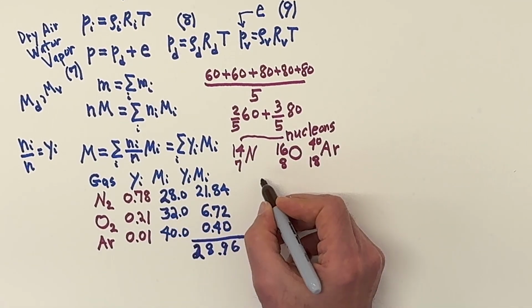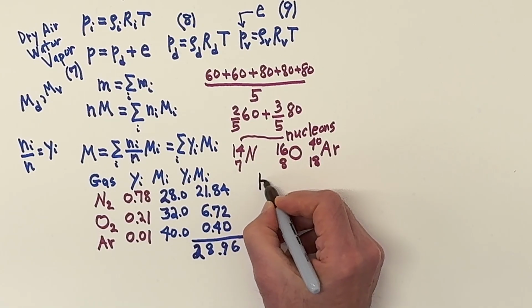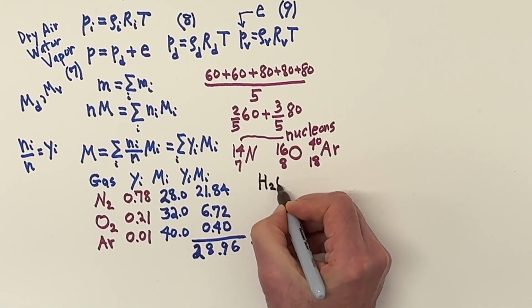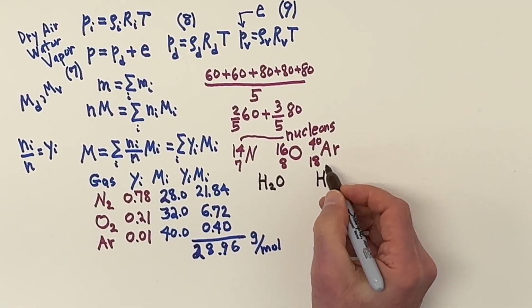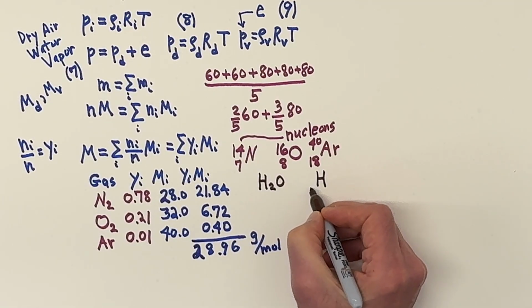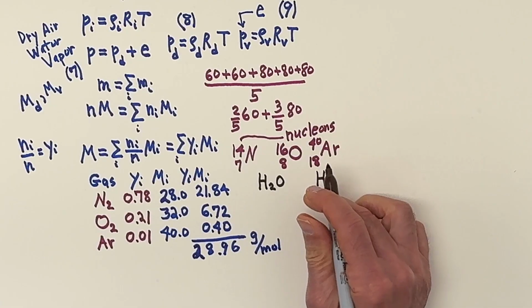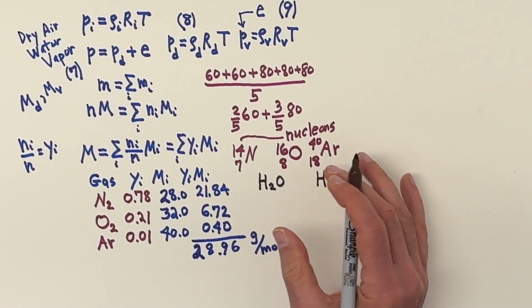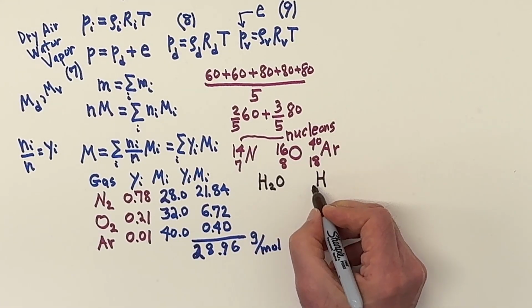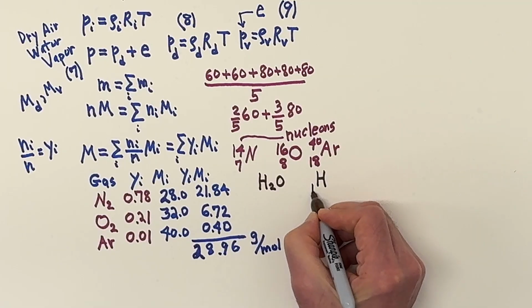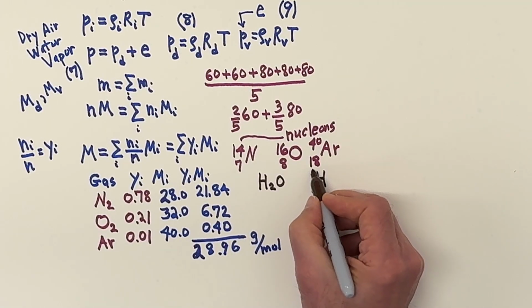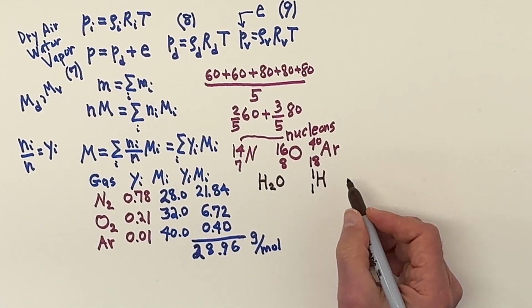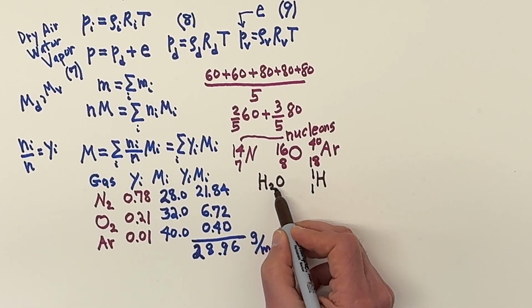for vapor? Well, vapor actually is easier because you have H2O and hydrogen, common isotope. Isotope means the same number of protons, but different number of neutrons. So the isotope that's common for hydrogen is just 1 proton and no neutrons. So there's a 1 up there. So for H2O, you need 2 of these.